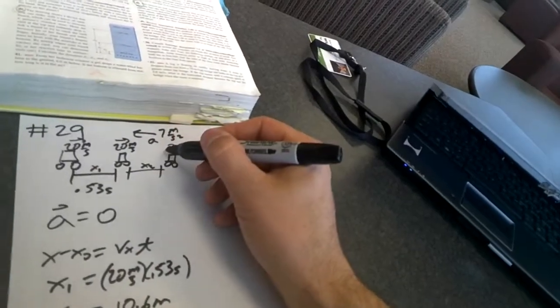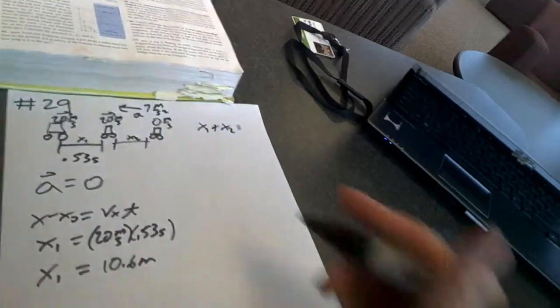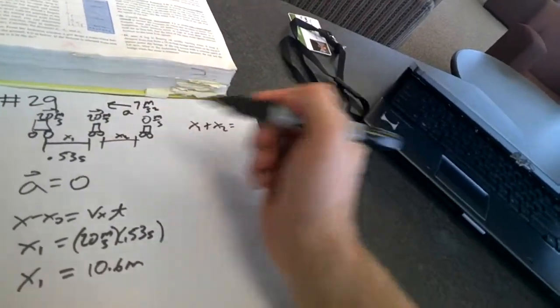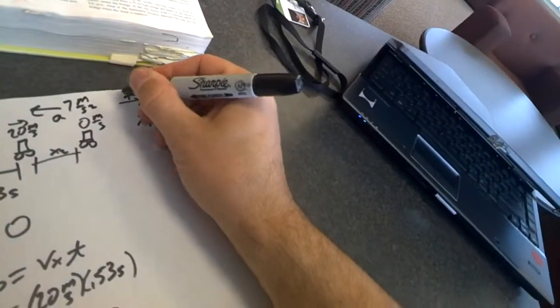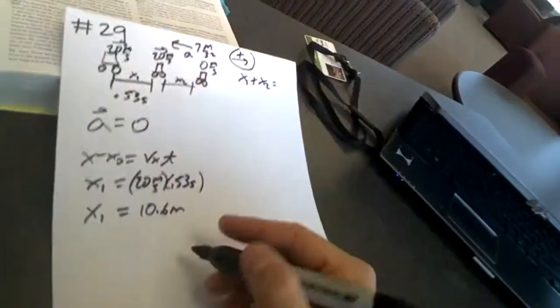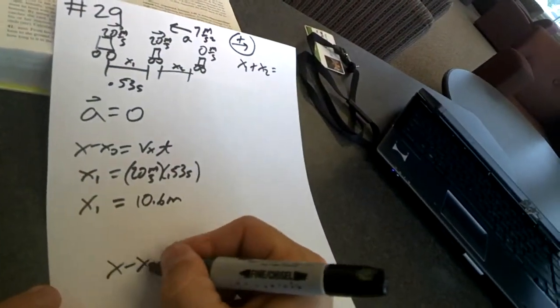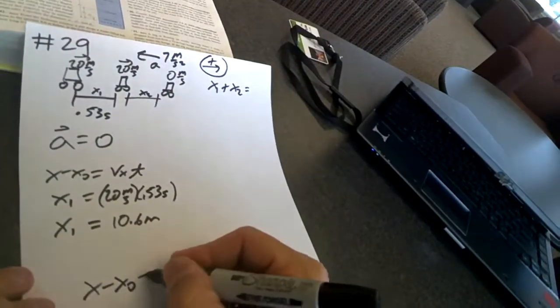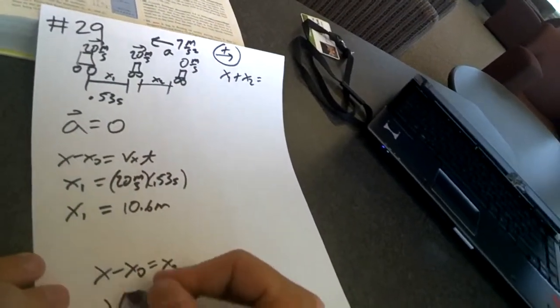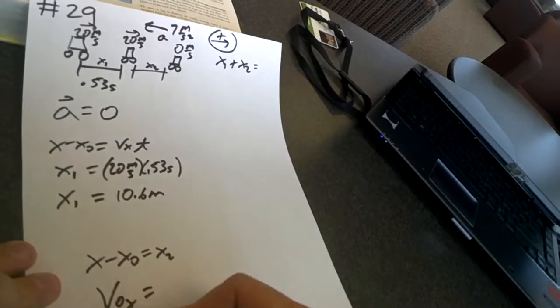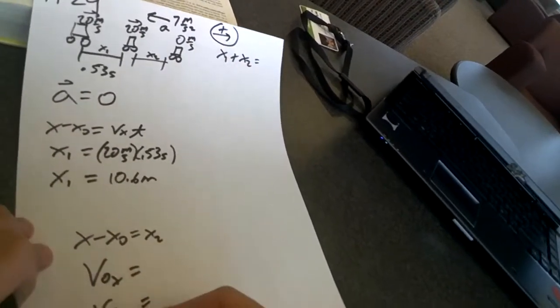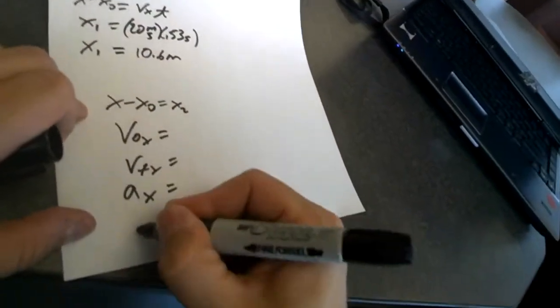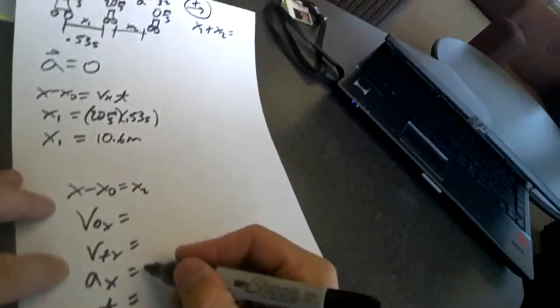Now for the second part, I'm going to have to list my 5 variables because we do have this acceleration of 7 to the left. I didn't write it, but I'm going to do it right now, right positive, and I'll list my variables. So x minus x naught, this is for that second part of the trip, which I called x2. Then initial velocity, final velocity, acceleration, and time.